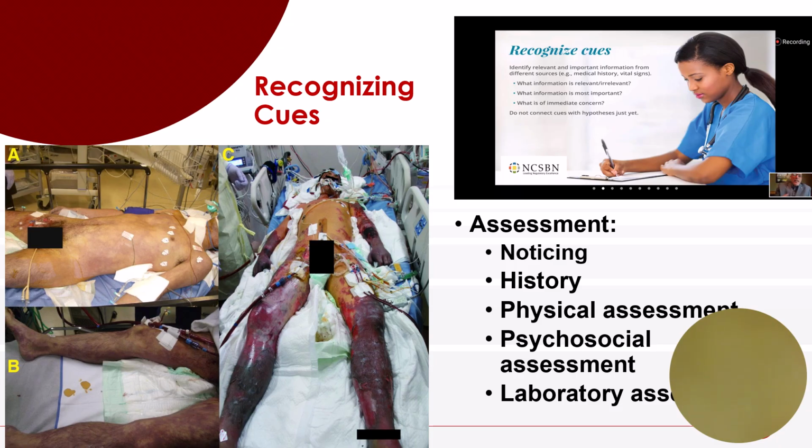We're bleeding out, so we don't have the volume to perfuse the different areas. So our skin shows by becoming very pale, becoming very cool to the touch because of the lack of blood flow. And again, cyanosis because we don't have that perfusion.